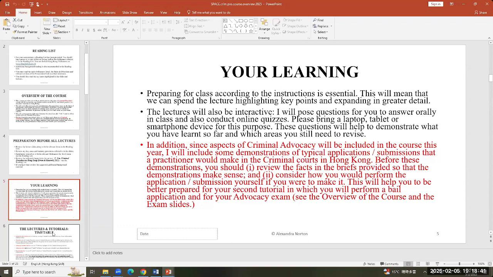What you need to do in advance is make sure that you've read the brief facts, the charge sheet, the brief to counsel in that case, and that you've thought about how, if you were going to make a bail application for this client, you would perform it yourself, right? Ideally, you should draft some points, right?